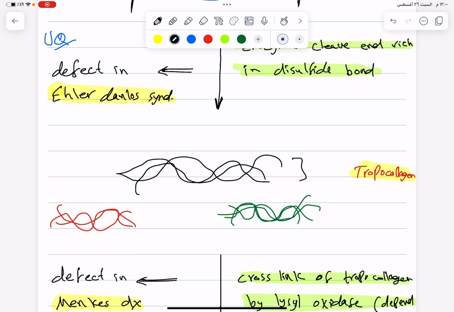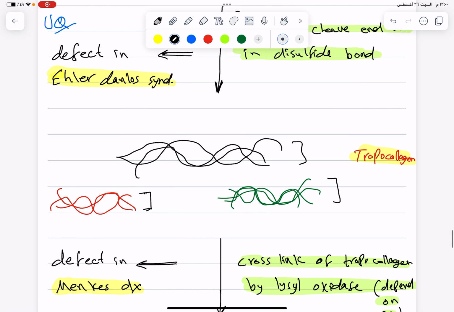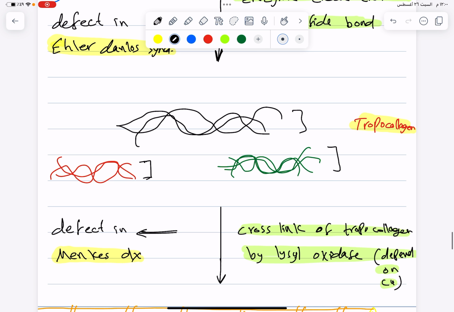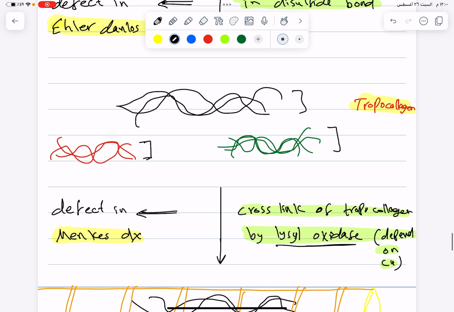The tropocollagen will bind to another tropocollagen by the enzyme called lysyl oxidase. This enzyme depends on copper. So in Menkes disease, when we have defective copper absorption, this step will be defective.